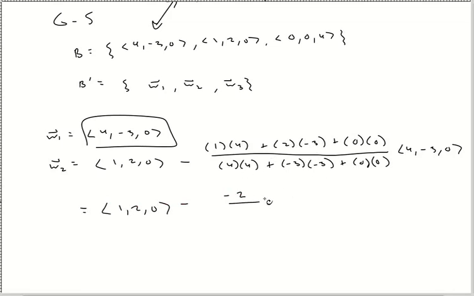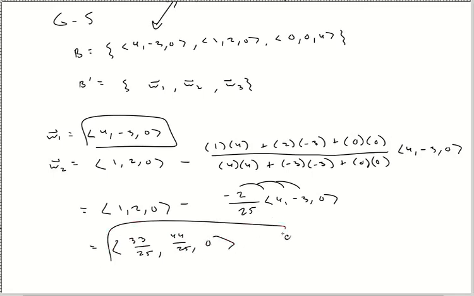And then down here, we got 16 plus 9, two negatives make a positive, which makes it 25. And then still times this 4, negative 3, 0. Distribute this, subtract it from that. I got 33 over 25, 44 over 25, and then 0, of course. That's my second answer right there.